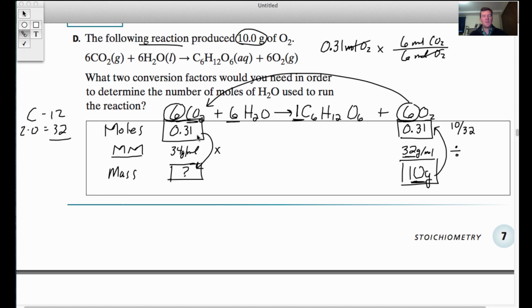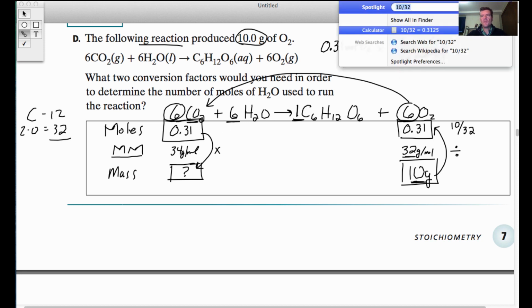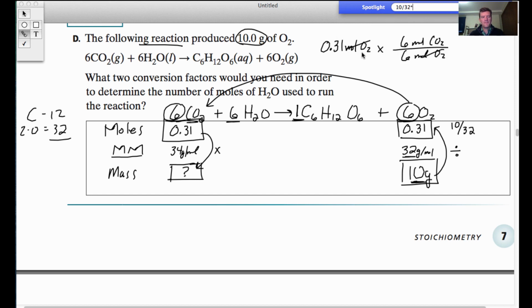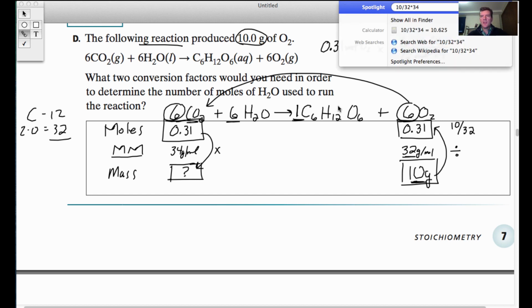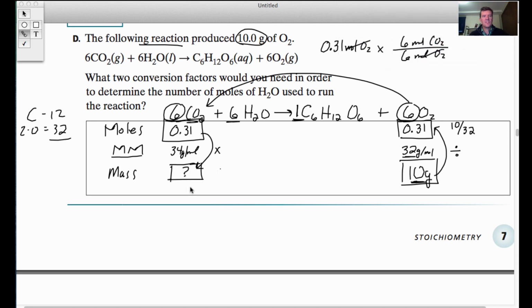And so I multiply by that. Okay? So I'm going to take my 0.31 multiplied by 44, and we get 13.6. Okay? So this answer right here is approximately 13.6 grams of carbon dioxide.